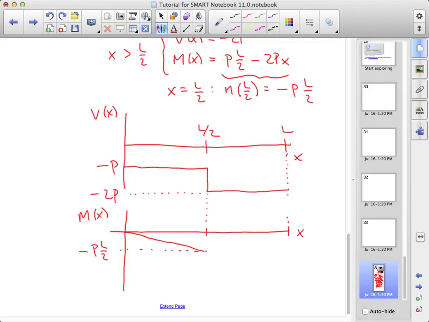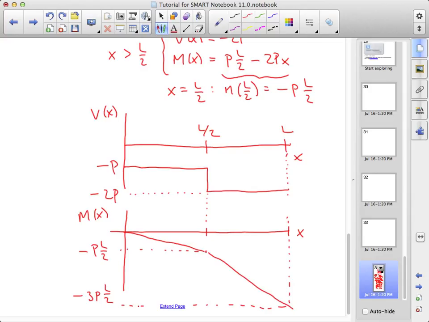That is, the slope is minus 2P instead of minus P, and we'll find that at x equal to L, we get a value of minus 3PL over 2. Once again, it is not an accident that the value of the bending moment at x equals L exactly matches the reaction moment that we expect at the built-in support.